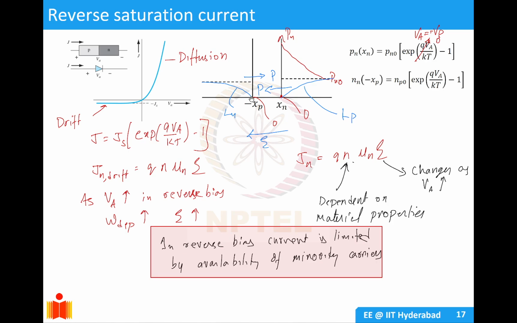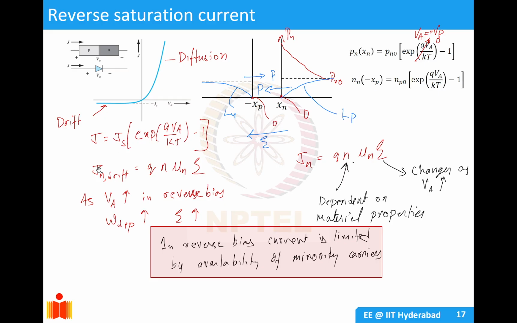So the minority carriers at the edges of the junction are 0, and hence there is drift of minority carriers towards the junction for maintaining equilibrium.